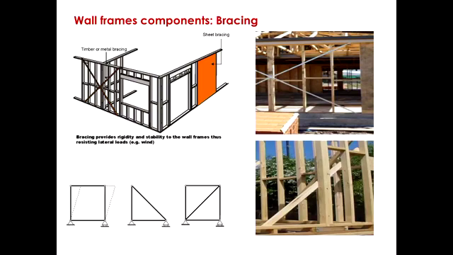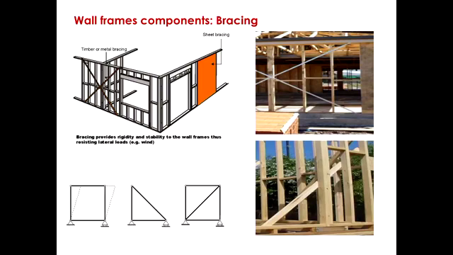And stud walls don't really have diagonal elements unless we introduce them through bracing. So bracing can be done using temporary props while the elements are put in place. And there can be permanent steel straps to keep the structure in position and braced at the end.